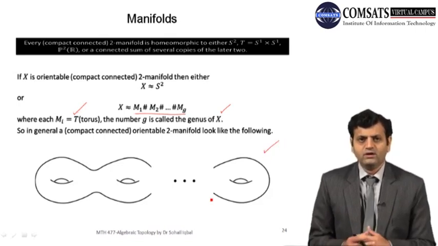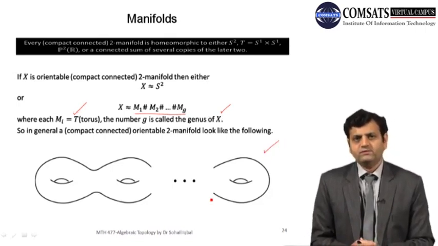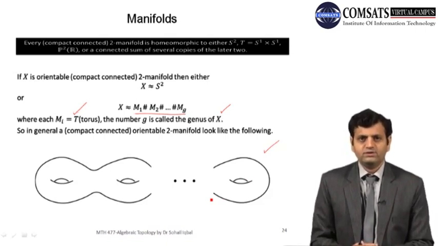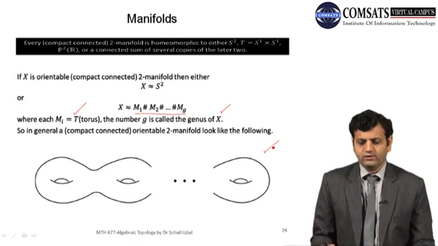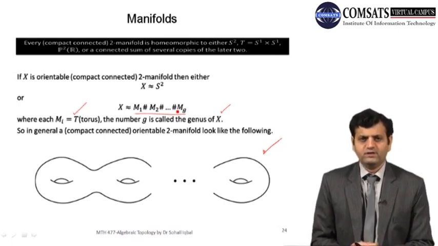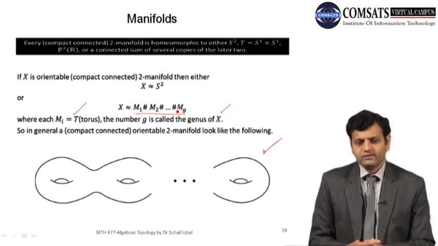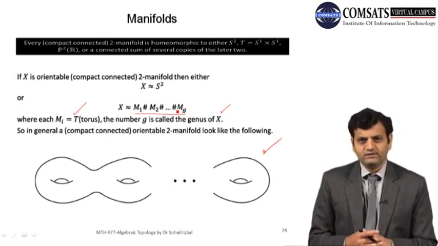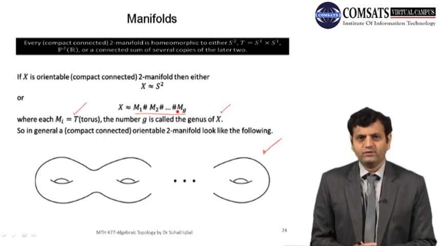Okay, so from now on, whenever we want to sketch an orientable 2 manifold, it will look like this, because we know that every orientable one, of course with the condition of compact connectedness, is the connected sum of several copies of the torus.